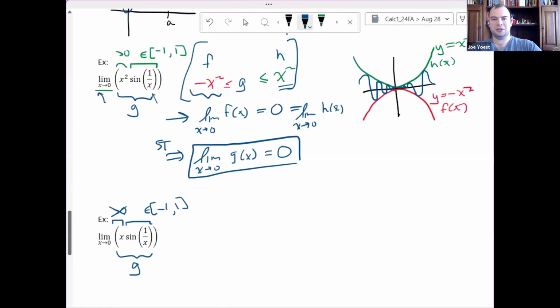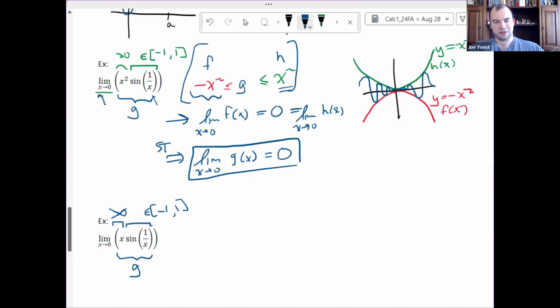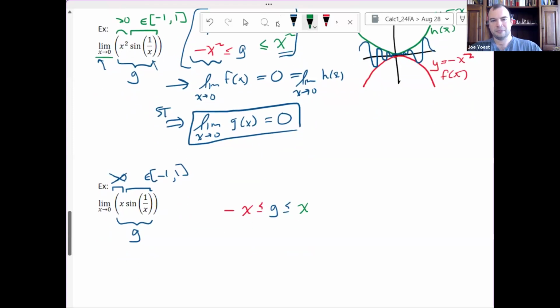So what does that mean? If I tried to do something similar up here, if I tried to make a claim like negative x is less than or equal to g less than or equal to positive x, basically saying that the smallest sine can be is -1, so negative x is the smallest the output of g can be, and the largest sine can be is +1, so the largest the output of g can be is positive x.